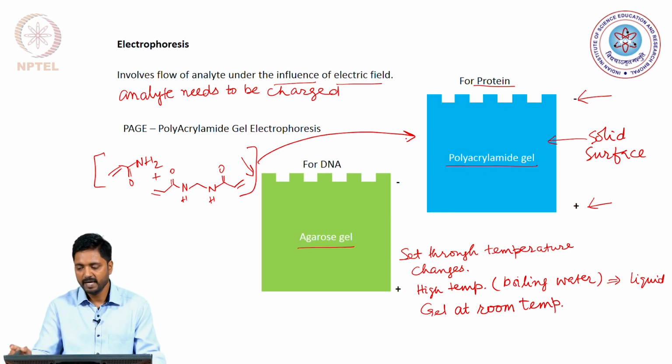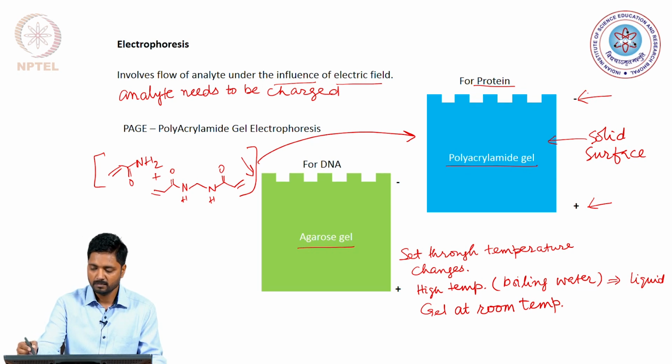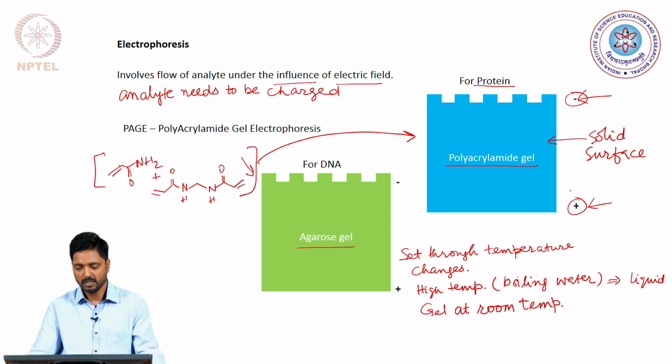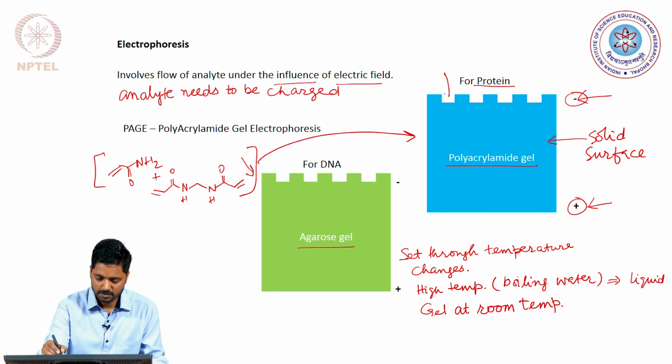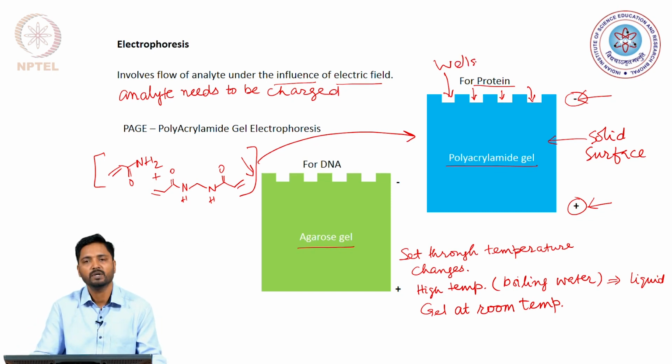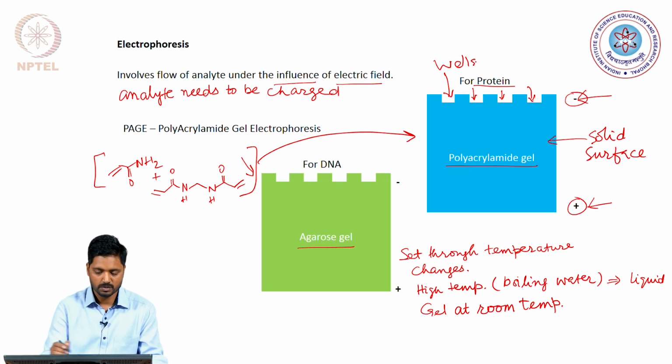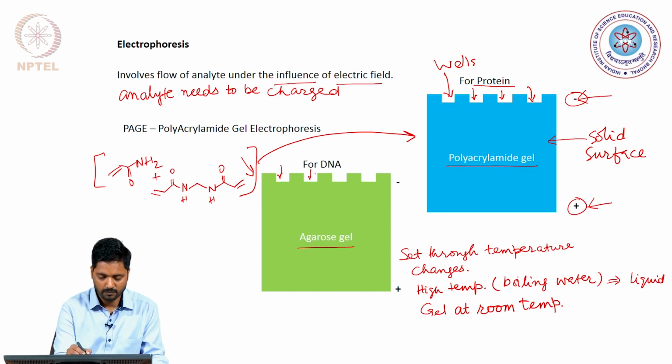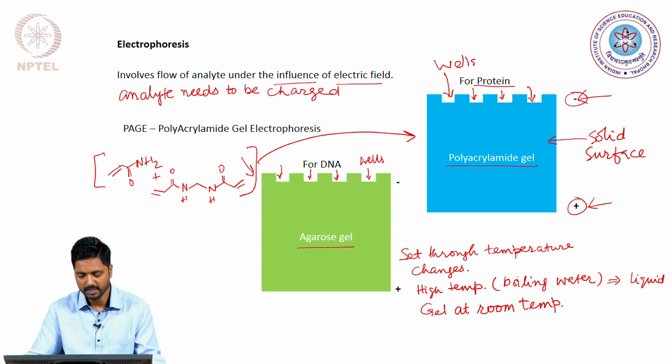Now, we apply an electric field by attaching electrodes to the gel, and these structures here which are known as the wells are where we insert our sample, whether it is a protein mixture or DNA fragments. So, these are again wells for inserting the sample into the gel.